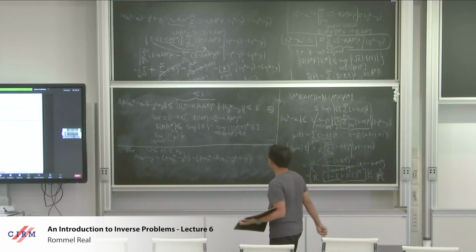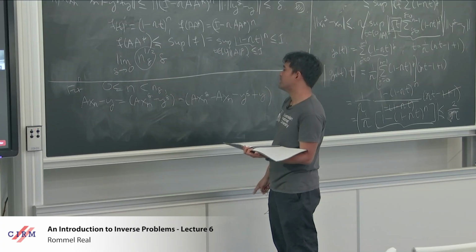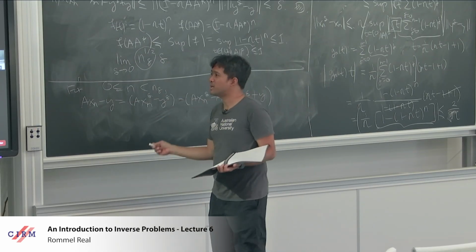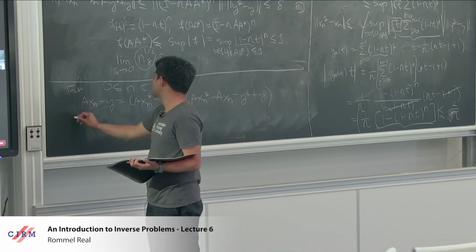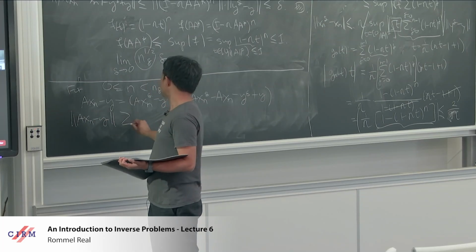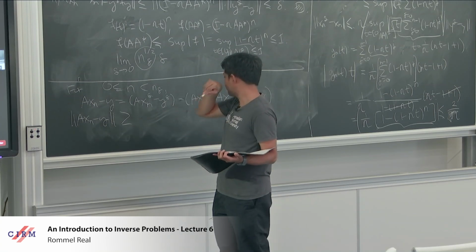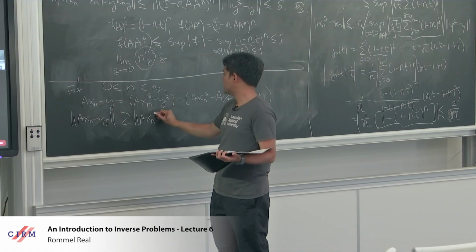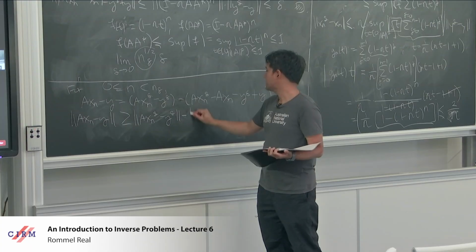Okay. Now, if you look at this one, this is just a difference of two terms, and then by the triangle inequality, you can write that the norm of a x_n minus y is less than or equal to the difference of the two norms. Okay, so that's equal to the norm of a x_{n,delta} minus this one.